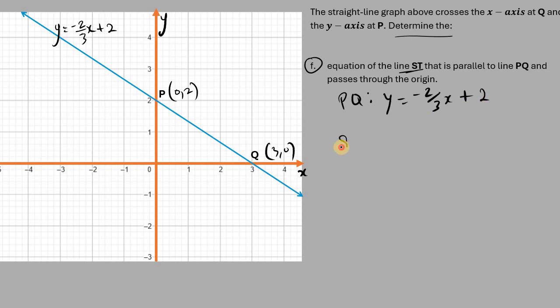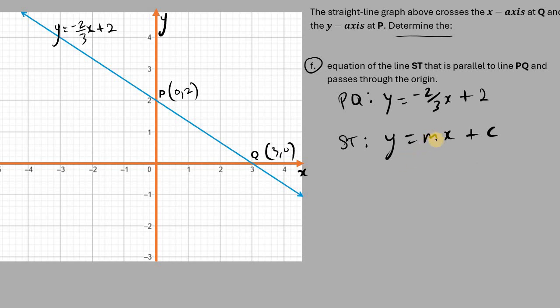So now we have this line ST. We're not seeing that line. But what we're told is that ST is parallel to the line PQ, and this is how you write it, guys. Both of these two lines are parallel to each other.